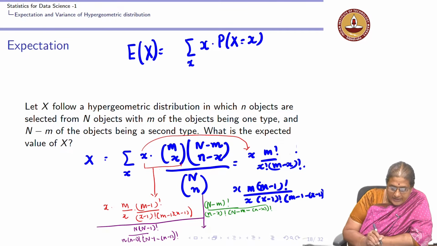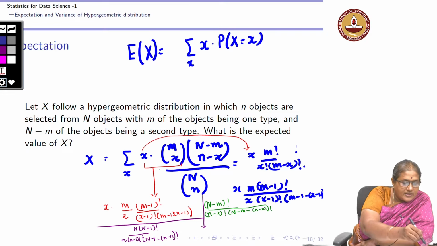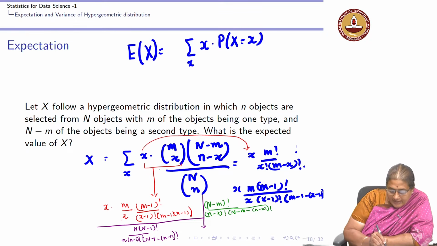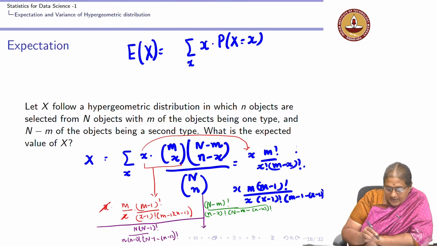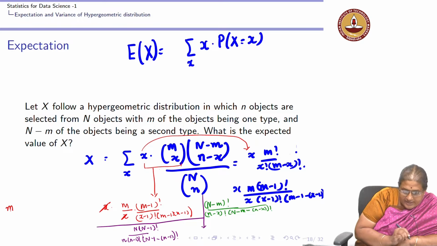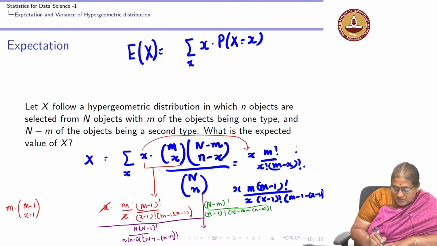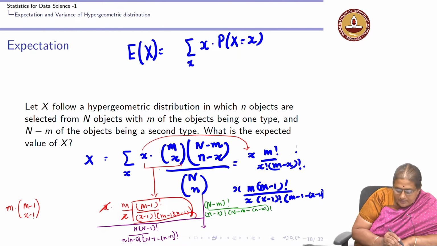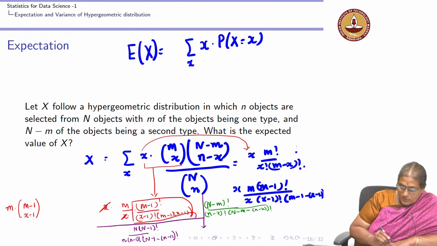Now, if you look at the red portion, I can cancel out this term with this term, and here I have an m. So, the red portion, whatever is in the square here, I can write as m into m minus 1 choose x minus 1.